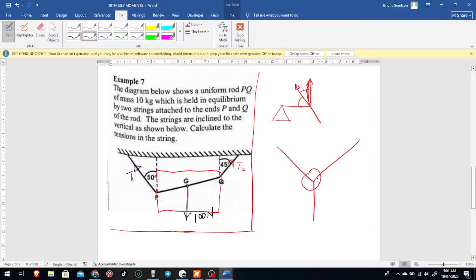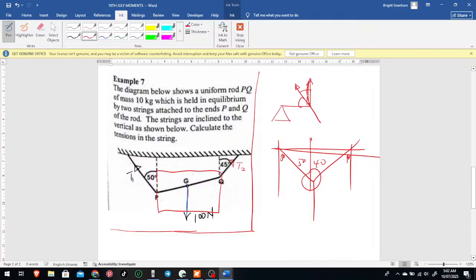And this is the object, and it is 40 degrees to the vertical. So if it's 50 here and 40 here, that's basically what we are talking about.